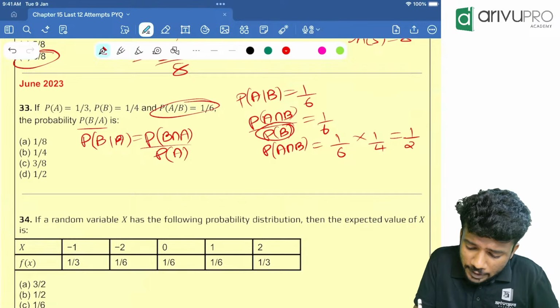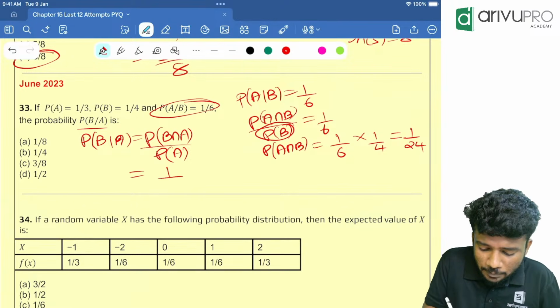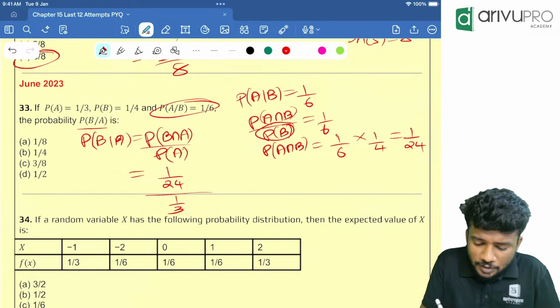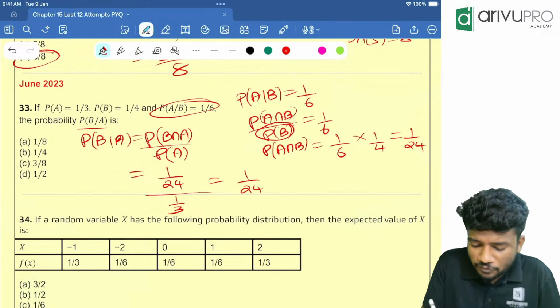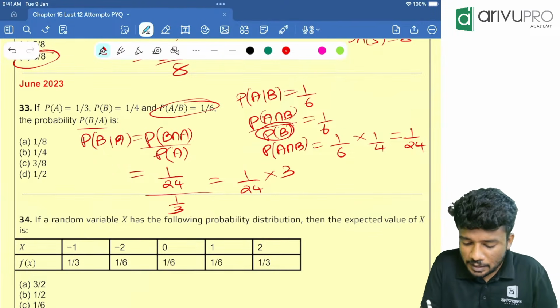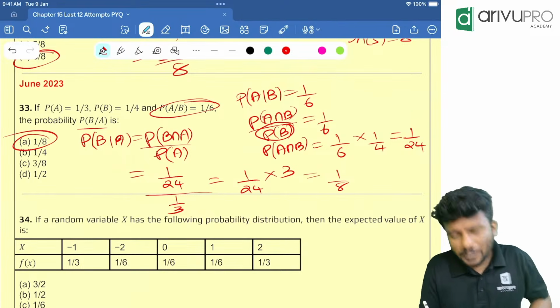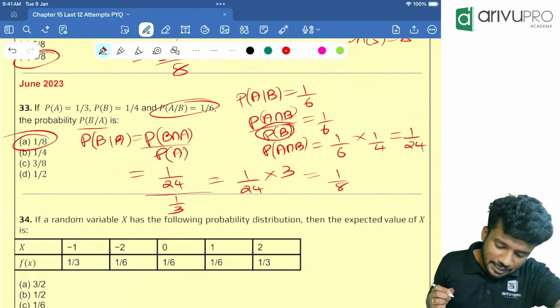So the answer is 1 by 24. So the numerator is 1 by 24 divided by P of A, which is 1 by 3. It can be written as 1 by 24 into 3 by 1. Cancel, and you will get 1 by 8. Option A is your answer. Got the point? Yes. Next one.